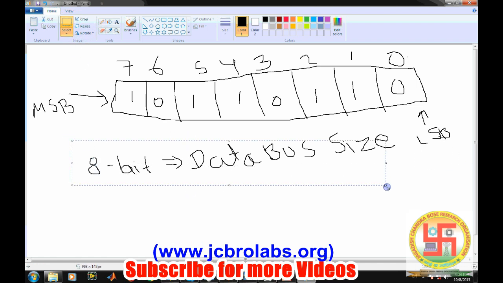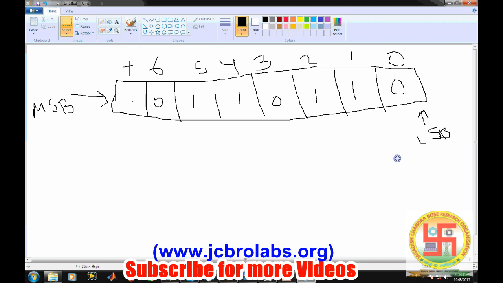If you are weak in digital electronics, or in understanding how to convert this digital code, we suggest you go through some basics of digital conversion, like how to convert binary to hexadecimal and hexadecimal to binary, what the significance of these two is, and how to add. So this is the binary number.